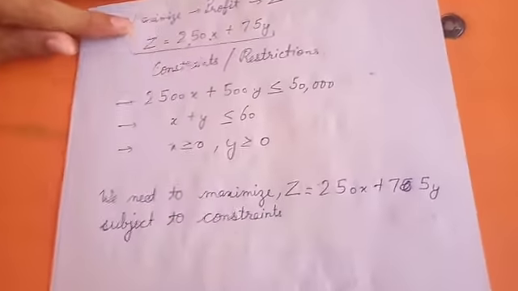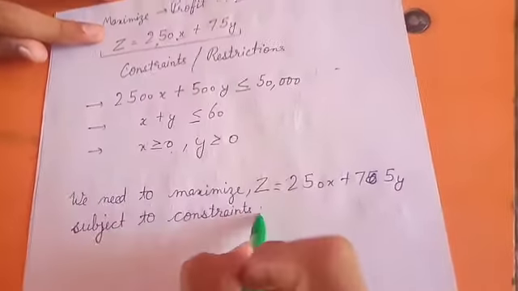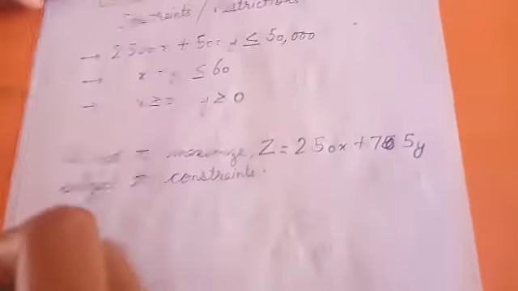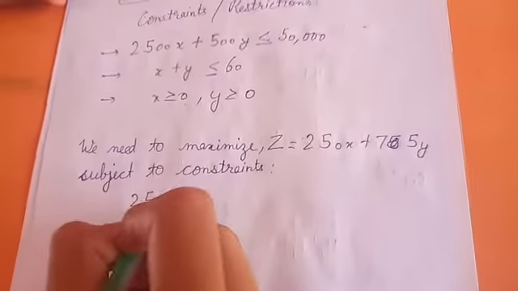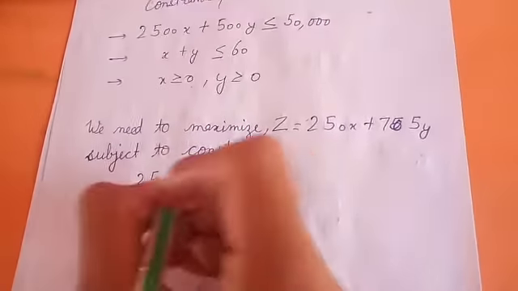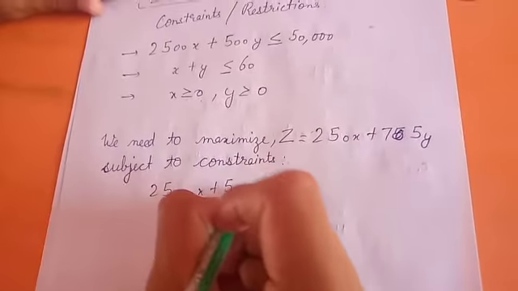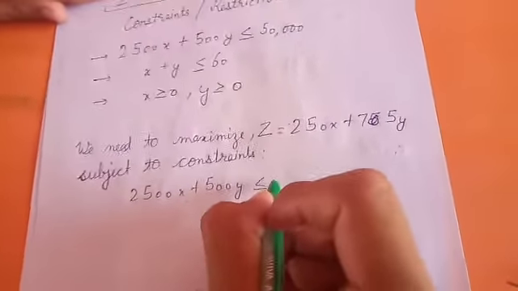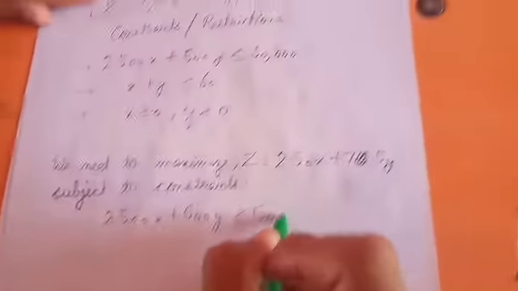Subject to constraints means we have to keep these things in mind. What things? That 2500x plus 500y should be less than or equal to 50,000.